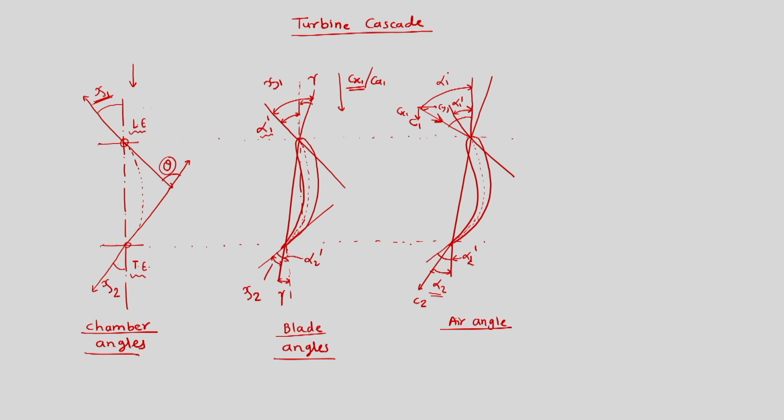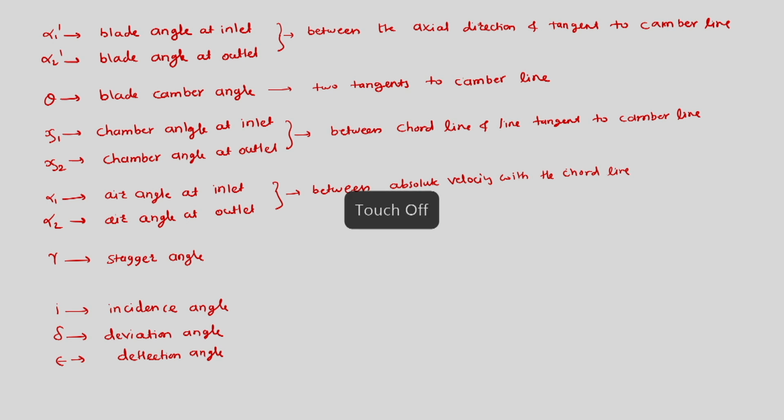So, this is alpha 1. Similarly, alpha 2 was the angle made by the velocity vector with the vertical line. So, these are the angles, measured with the axial direction.